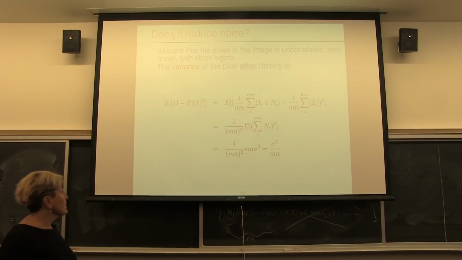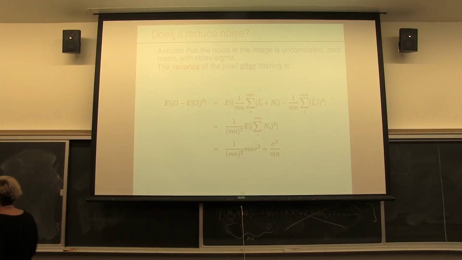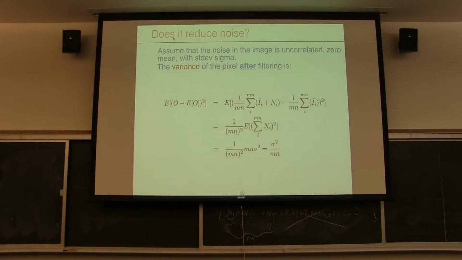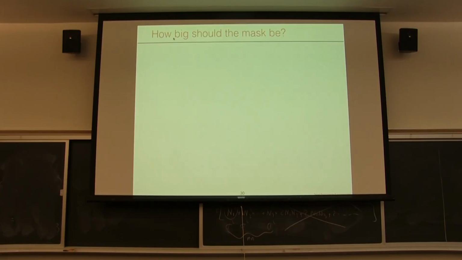That means that our averaging filter, which is a very easy filter to implement, does reduce the variance of the noise. Now, based on this, how big should my filter be? How big should the mask be? How do I pick M and N?